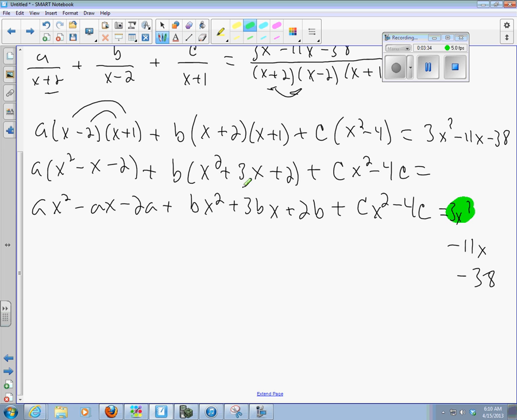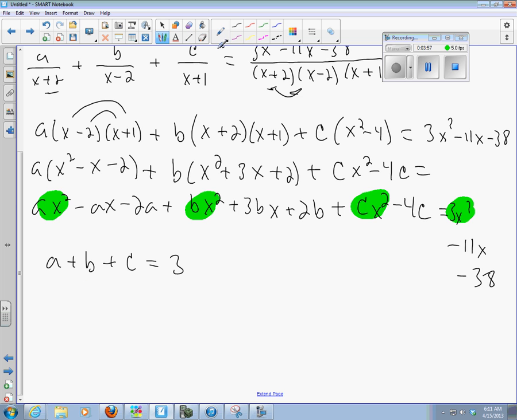I've got an x squared term here, an x squared term here, and an x squared term there. There must be that a plus b plus c has to be equal to 3, because that's what the 3x squared terms have to add up to.